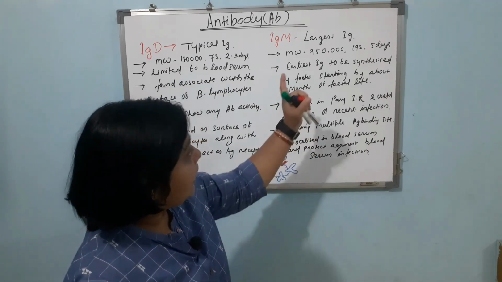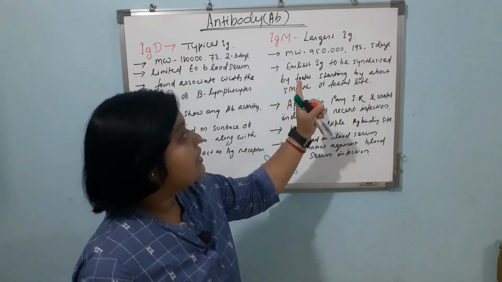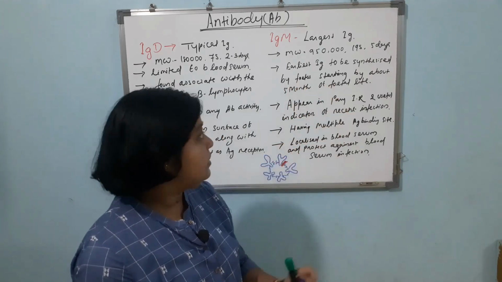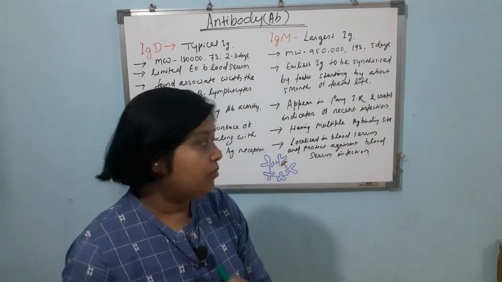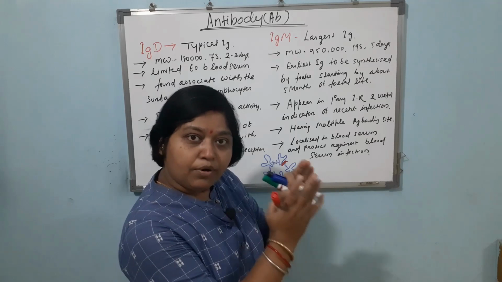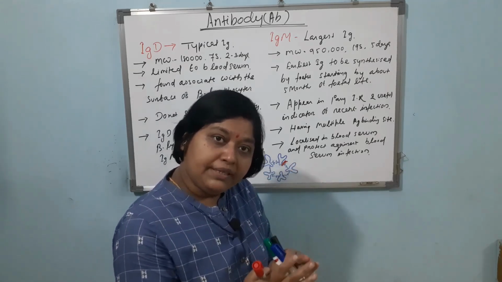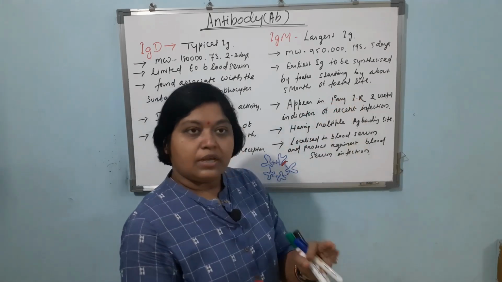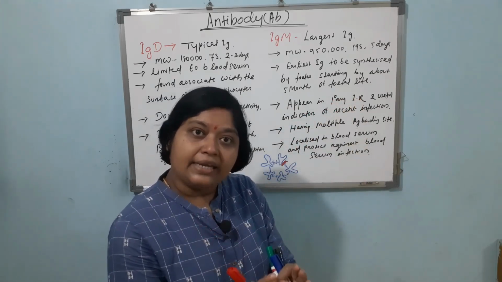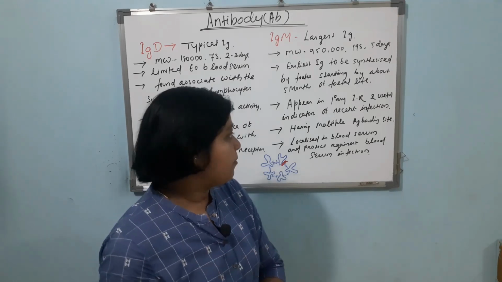It is the earliest immunoglobulin to be synthesized by the fetus, starting at about 5 months of fetal life in the mother's womb. As it is present from the beginning of a baby's life, it appears in the primary immune response and acts as a useful indicator of recent infection.